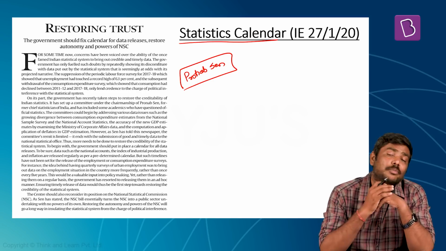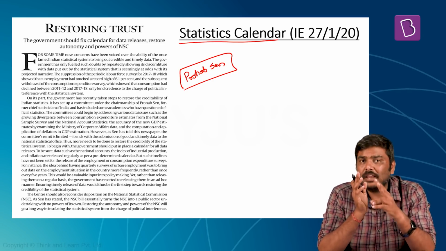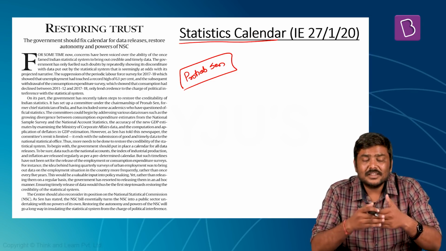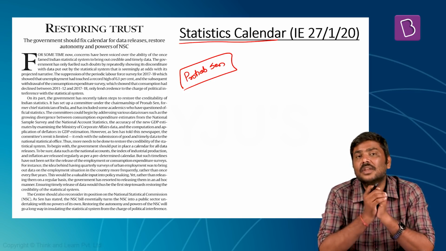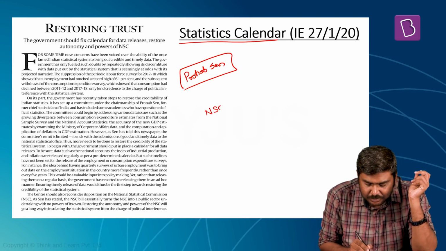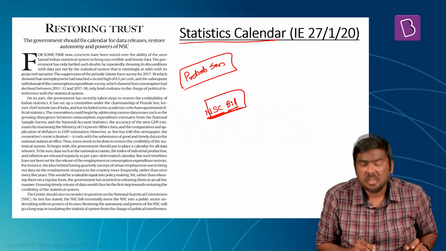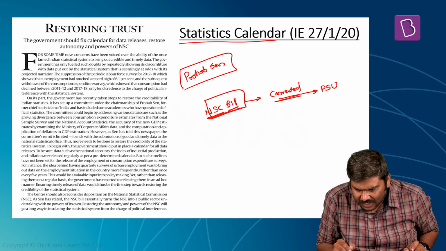What should be done by the Government of India? The article says the Government of India should take two very important measures so as to reinstate the trust in these statistical institutions. One, the Government of India should relook at the NSC bill proposal. As per this National Statistical Commission bill, the NSC will be converted into a public sector undertaking.